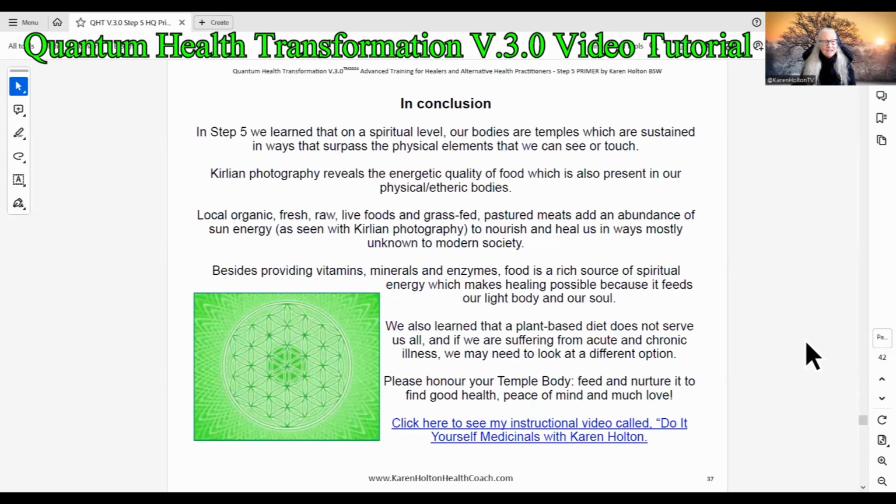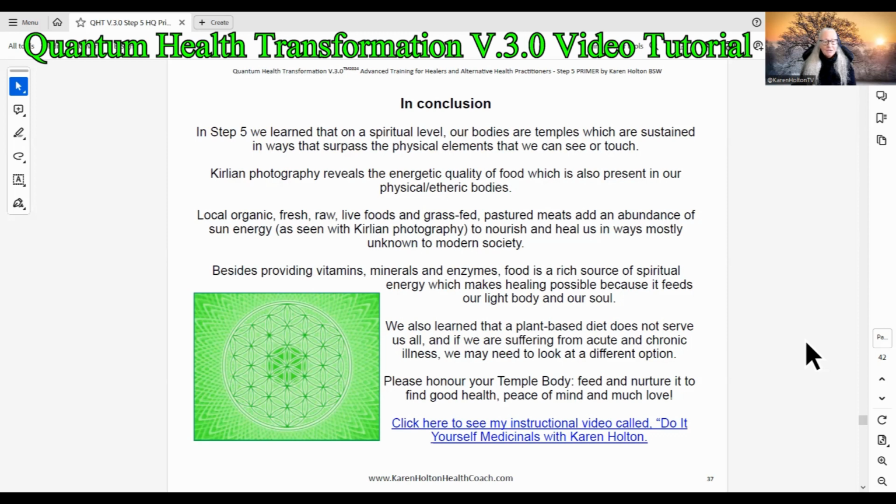In conclusion, in step 5, we learned that on a spiritual level, our bodies are temples which are sustained in ways that surpass the physical elements that we can see or touch. Kirlian photography reveals the energetic quality of food, which is also present in our physical and etheric bodies.